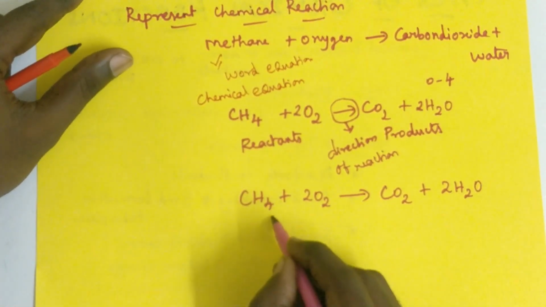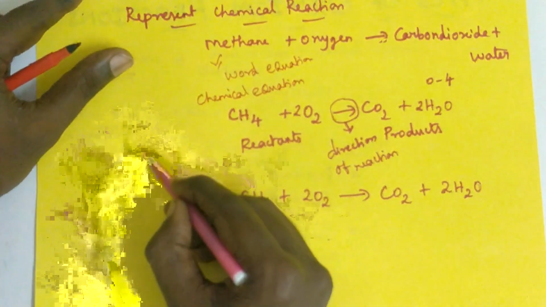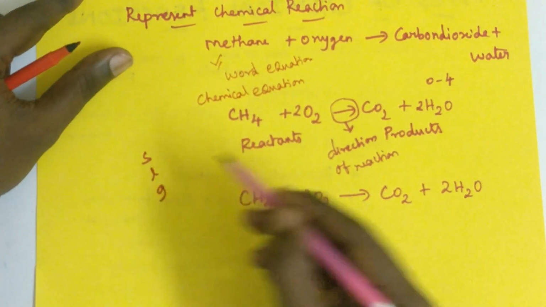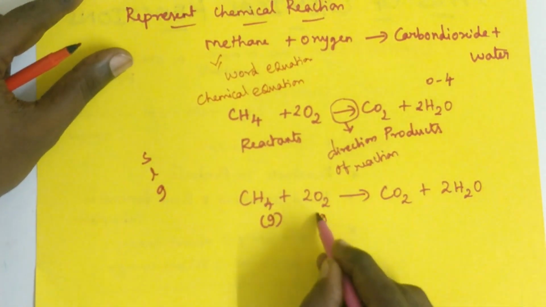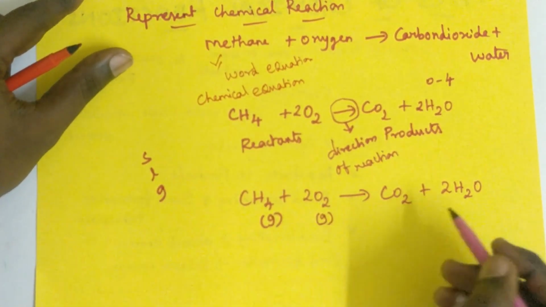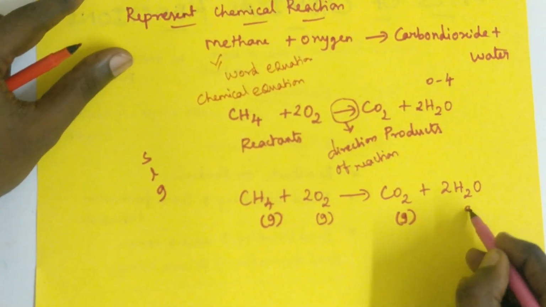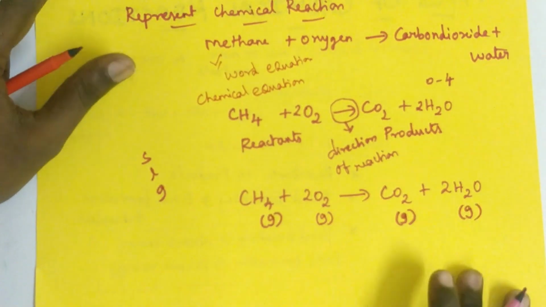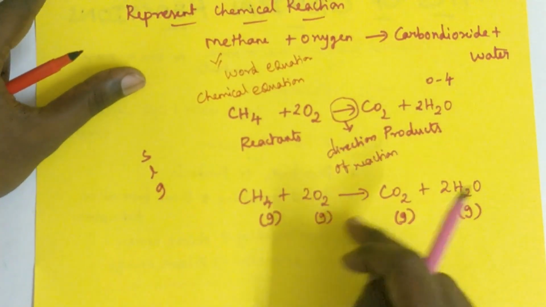Methane is a gas, so put G in the subscript. S means solid, L means liquid, G means gas. Oxygen, obviously we know it is a gas, so put the gas symbol in subscript. Carbon dioxide is also a gas. In this case, water is a vapor, so it is in gaseous state. So in a balanced equation, you have to represent the physical state also.